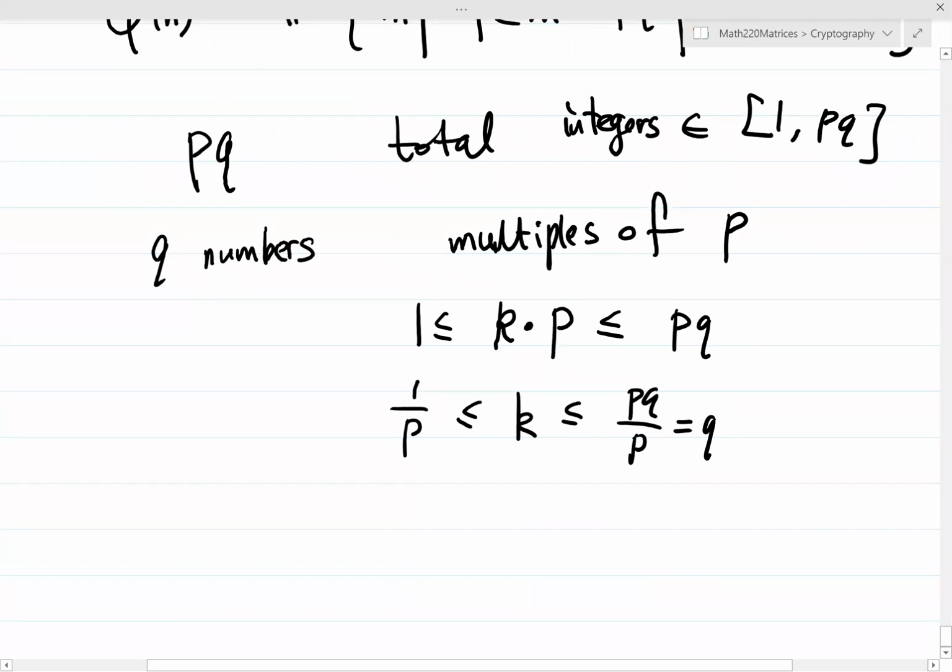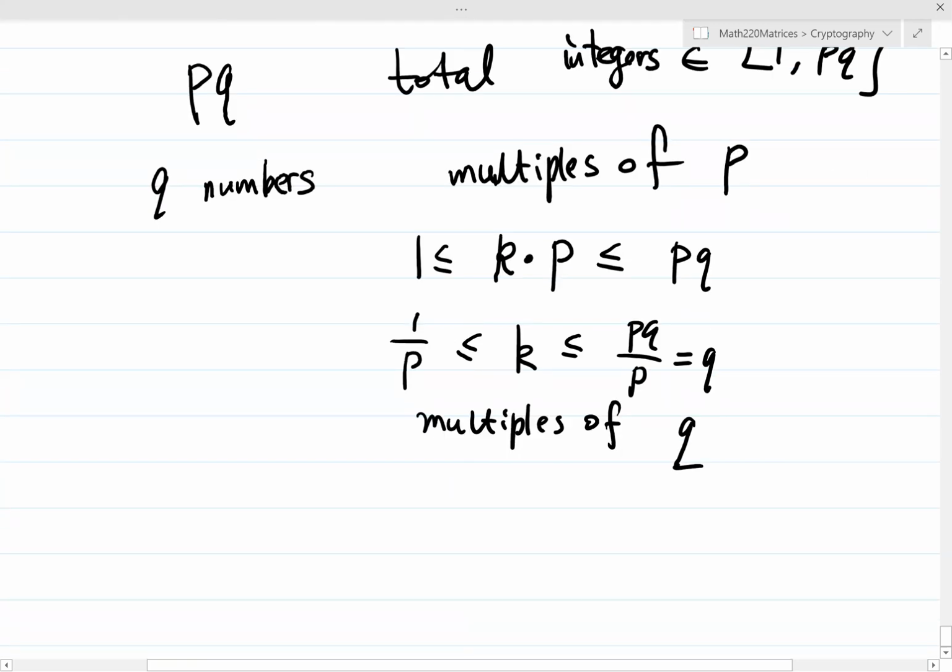How many multiples of Q? Let L times Q be from 1 to PQ.